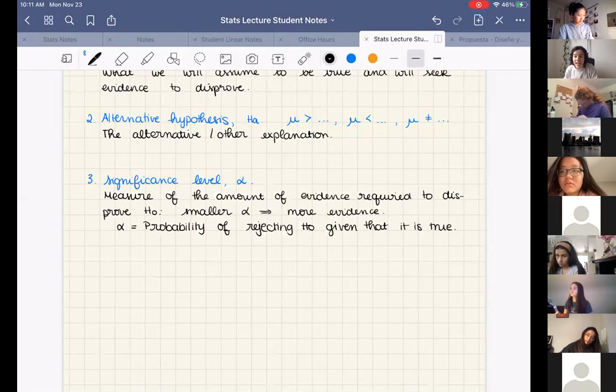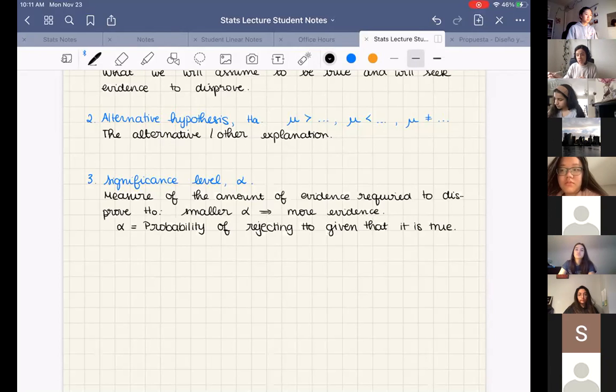Okay, so if it happened that the null hypothesis is indeed true, it is still possible that I get some extreme results that make it so that I will still say I have evidence that suggests that it is not true, right? So I know that random chance could give me very extreme results. But the question is whether I am going to reject the null hypothesis based on those extreme results, right?